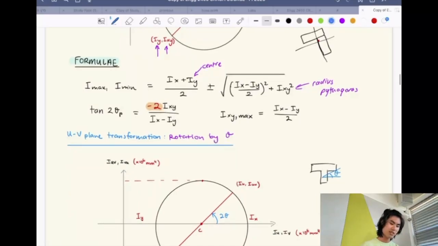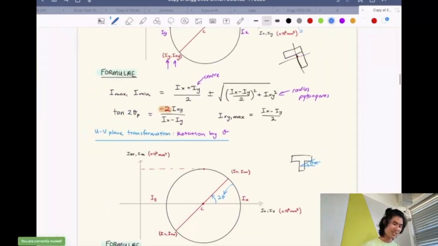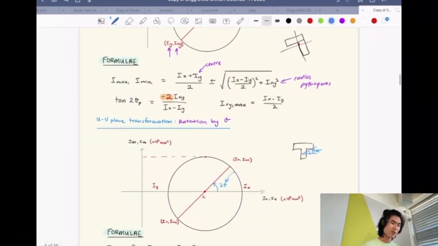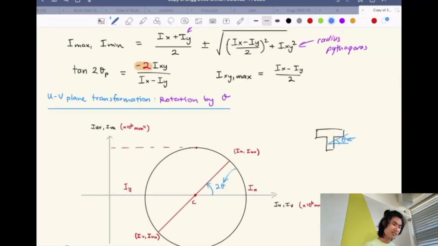A rotation on a shape means that it's going to be double on the Moore circle. Why? I think it has to do with how the shape moves around, like some sort of rotational symmetry axis. I'm actually not completely sure, but it just is. And for inertia particularly, you can note this down.